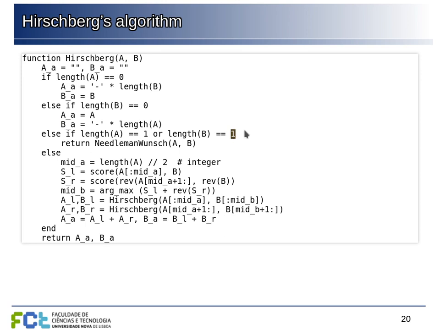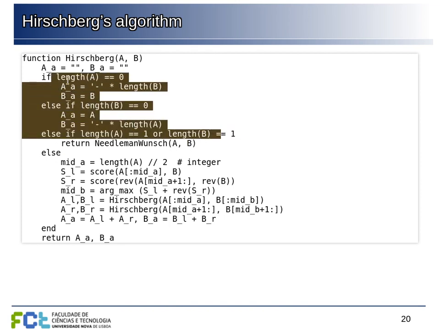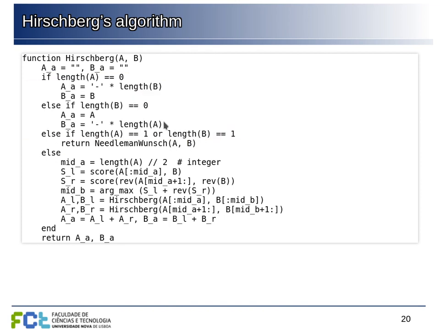In that case, if we are aligning a string with one symbol with a string with n symbols, we can just use the Needleman-Wunsch algorithm we saw previously, because that will give us just a single row or a single column, and it will not take up much memory. So we just use that and we have the alignment. So these would be the three different cases in which we don't need to continue the recursion. So we end the recursion here.